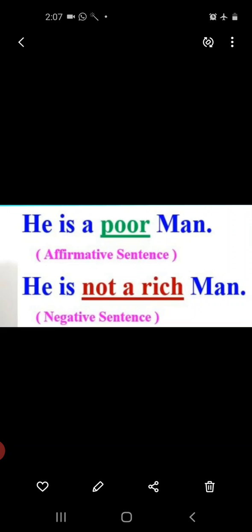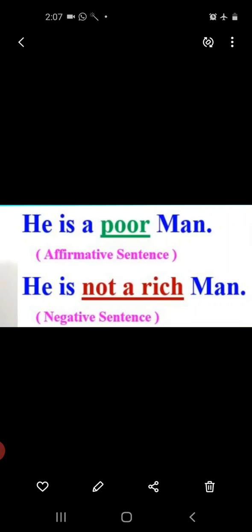Now, how to transform it into negative? So what is the rule? The rule is that by replacing certain words and expressions with their antonyms, we transform an affirmative sentence to negative. As you can see in this picture, we have used here the antonym of the adjective poor.